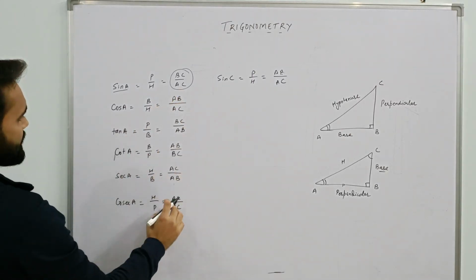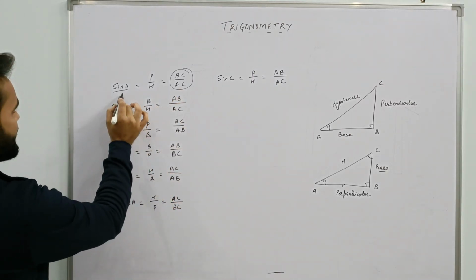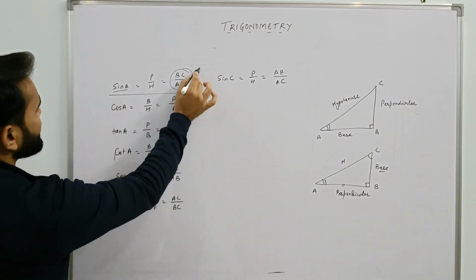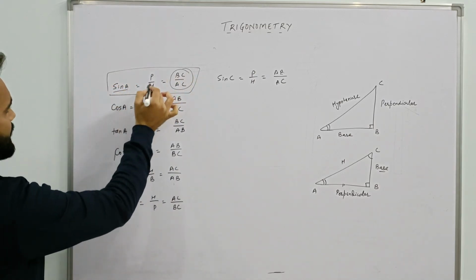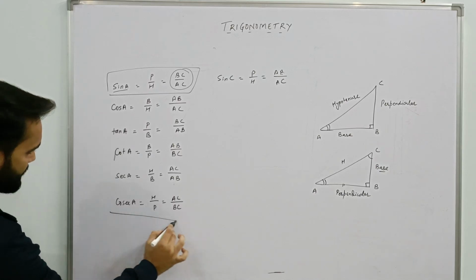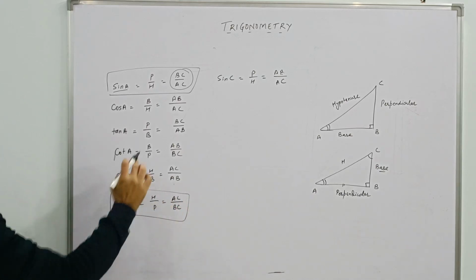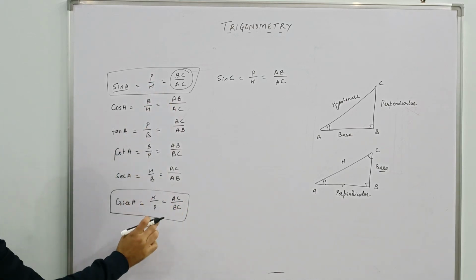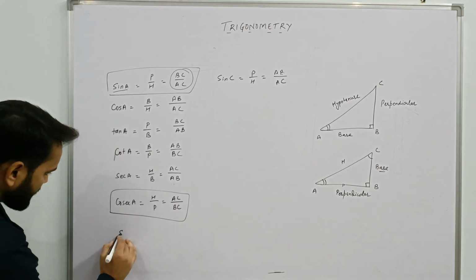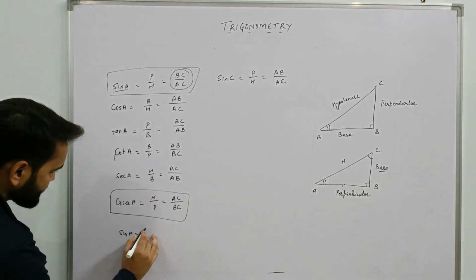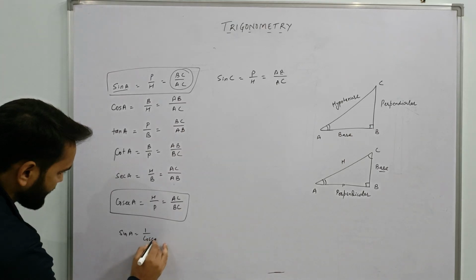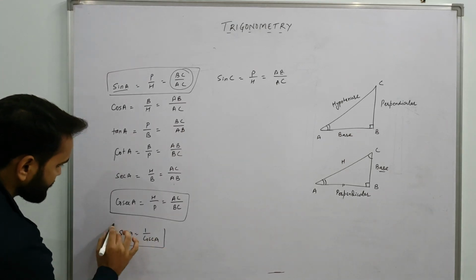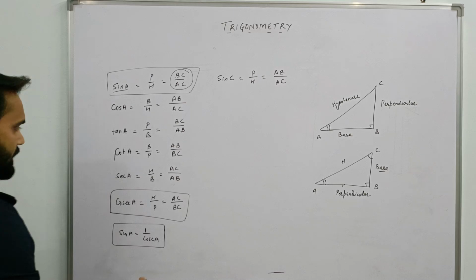Now from these relations you can see sine A is perpendicular upon hypotenuse and cosec is hypotenuse upon perpendicular. So from these two relations, I can find that sine A is equal to 1 upon cosec A. That is, sine and cosec are reciprocal to each other.